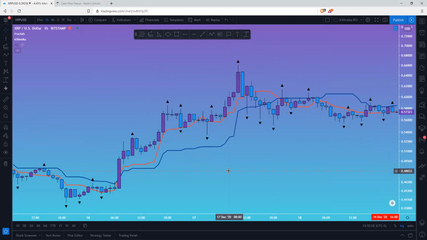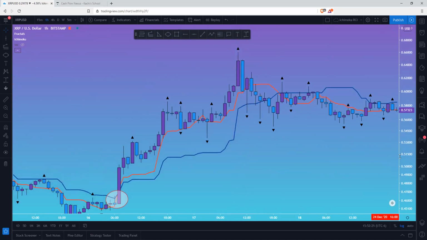Where are we gonna close our trade out here? We say we got in here, right, at this breakout. Then where would we close our position on this market?